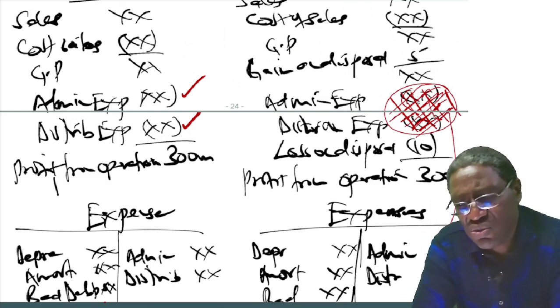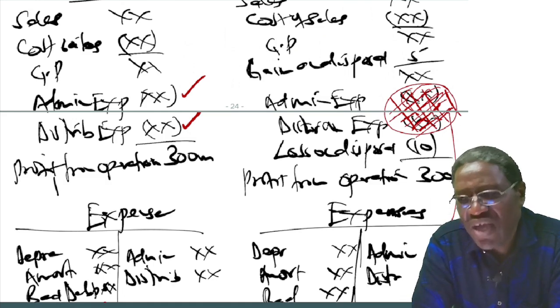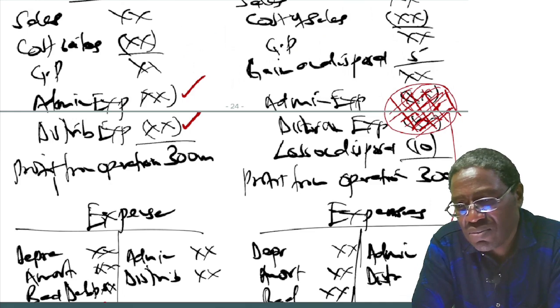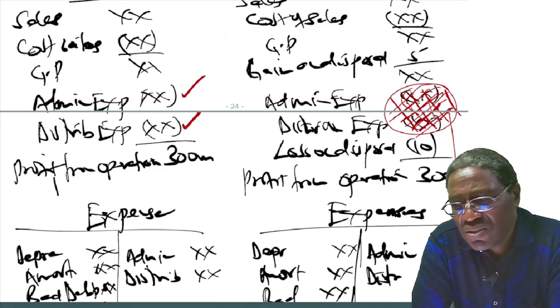But let me ask you, this accountant A, where do you think he must have used the 5 million? He is not showing us. Yet the two accountants got the same profit from operations, 300 million each. So where do you think accountant A must have used the 5 million?